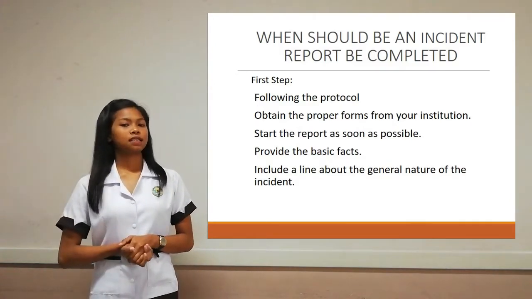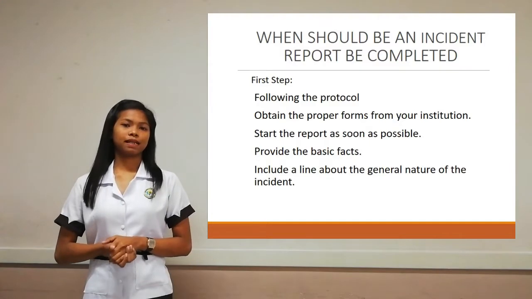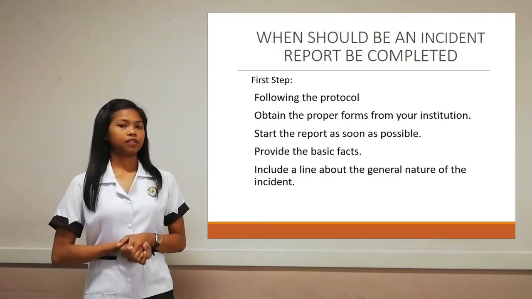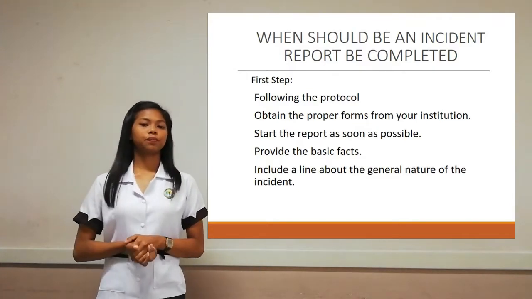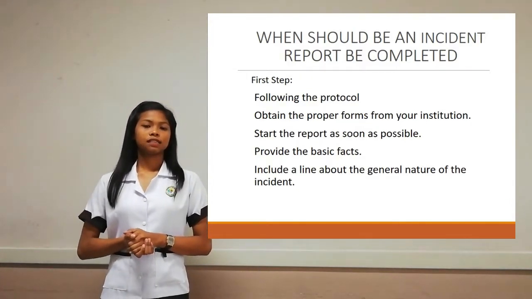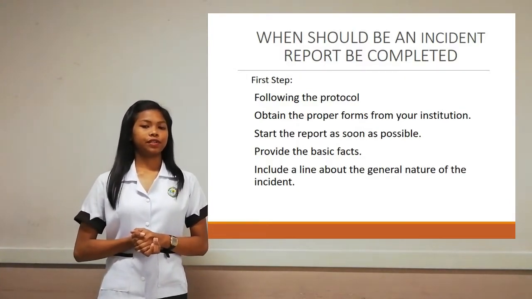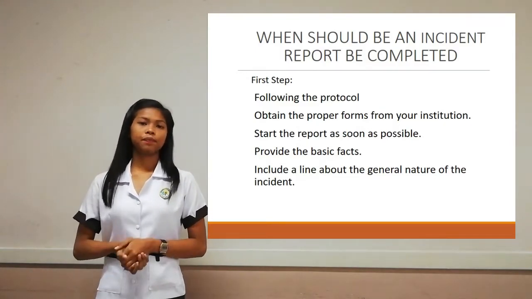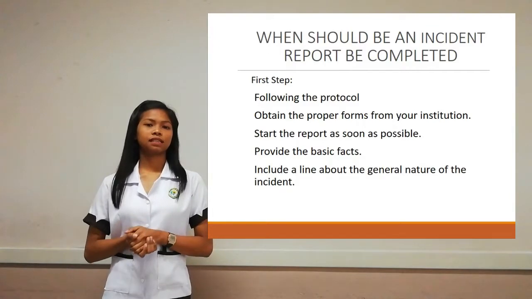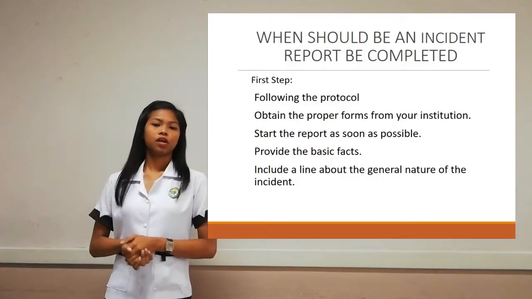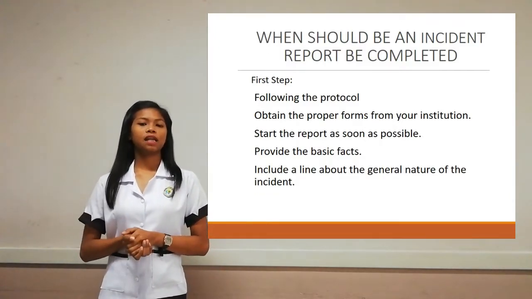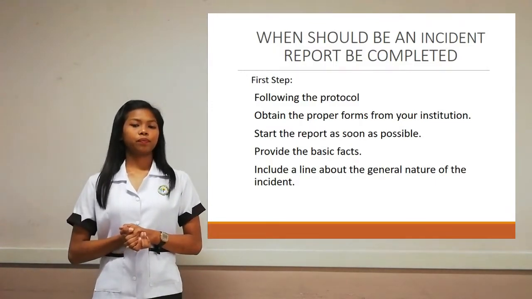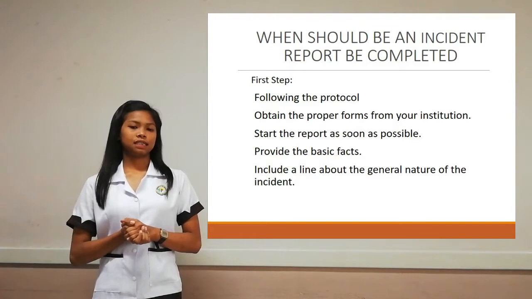The second is start the report as soon as possible. Write only the basic facts of what occurred. The third is provide the basic facts. Start the report with a sentence clearly stating the basic information, for example, the time, date, and the location of the incident. The fourth one is include a line about the general nature of the incident. Describe what brought you to the scene of the incident.